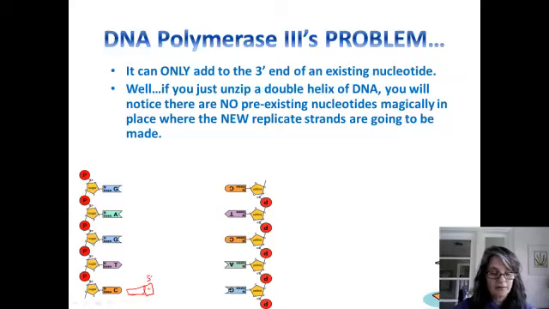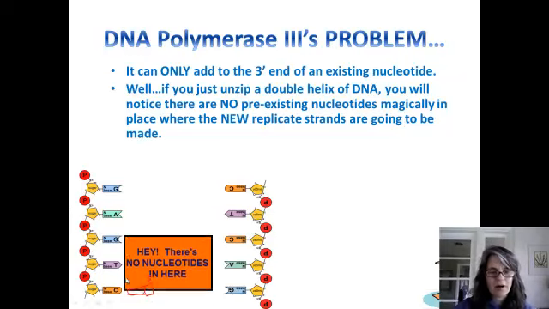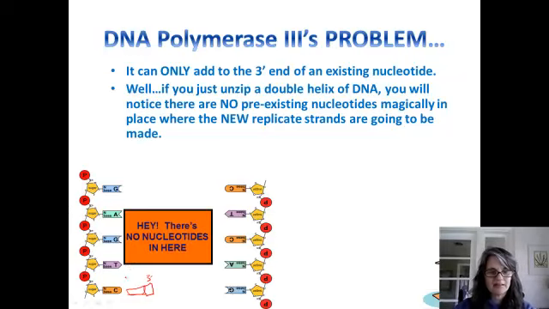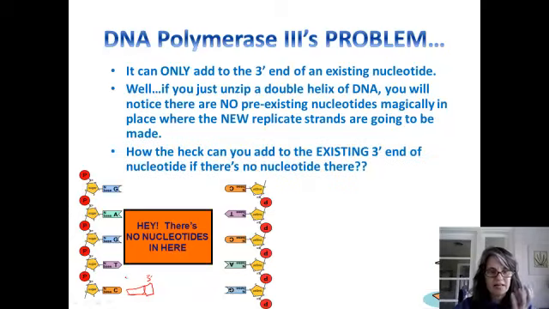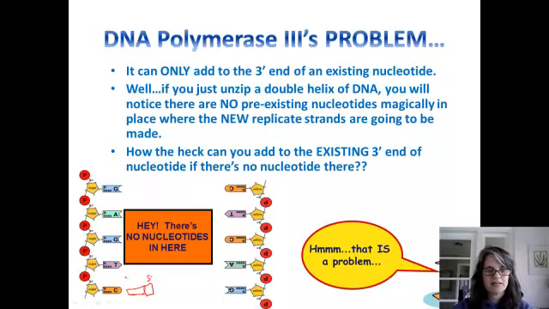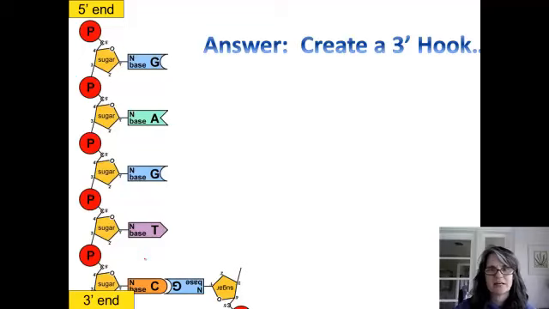And I don't have one. So I can't add anything because there's no hooks in the middle. It's empty in the middle. How the heck can you add to the existing 3' end of a nucleotide if there's no nucleotides in here? There's non-existent. So that is a problem.